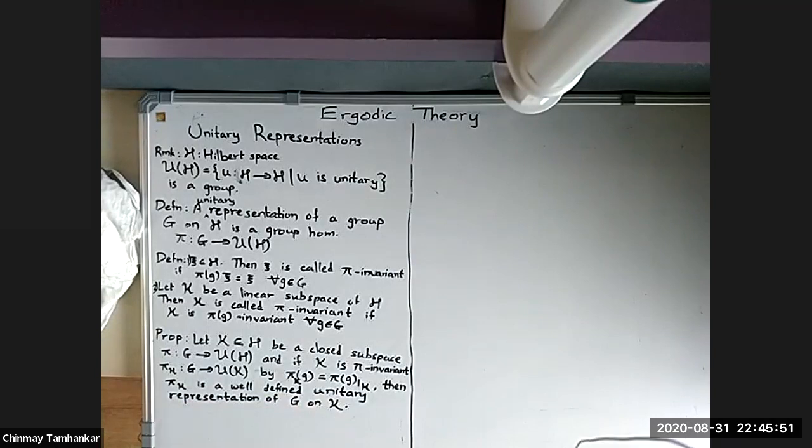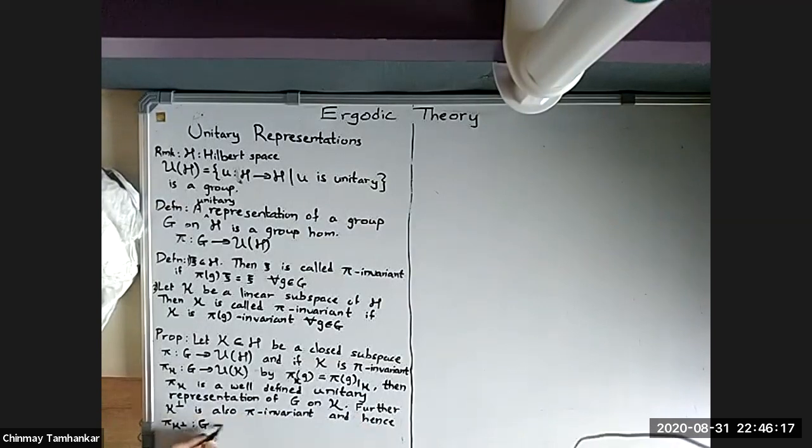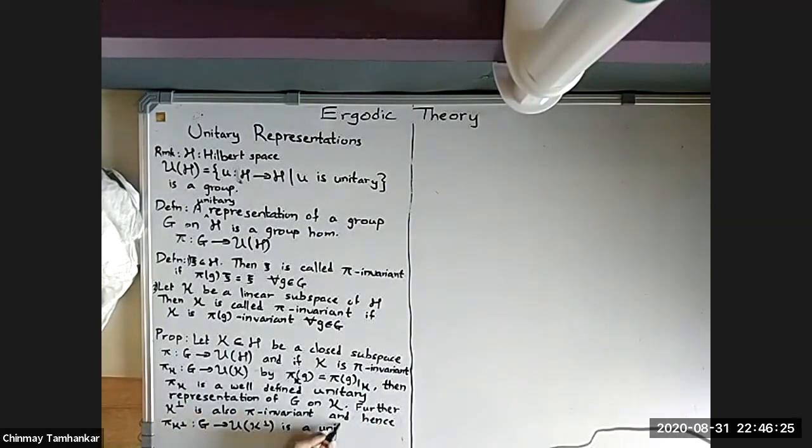this we saw last time. Further, K perp is also pi invariant, and hence pi K perp, as defined before, from G to the unitary group of K perp, is a unitary representation of G on K perp.